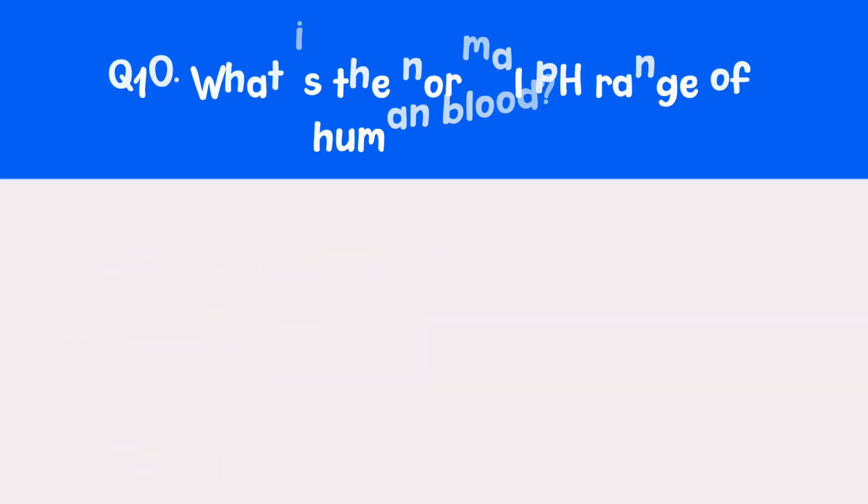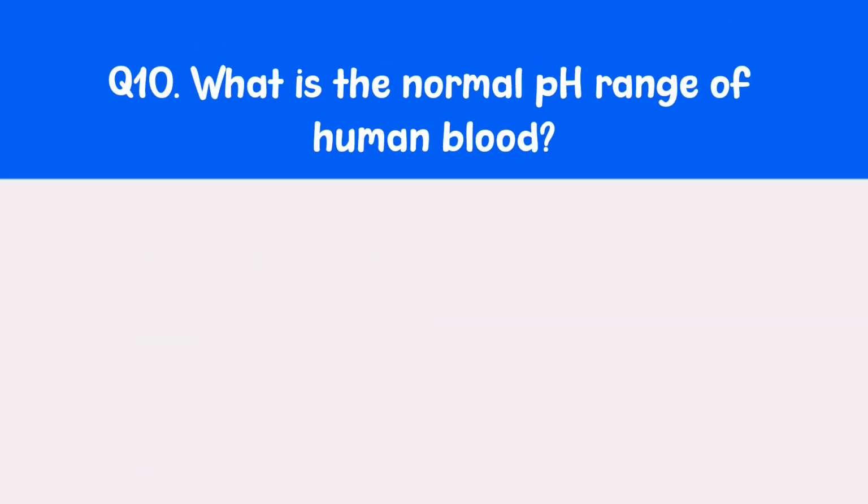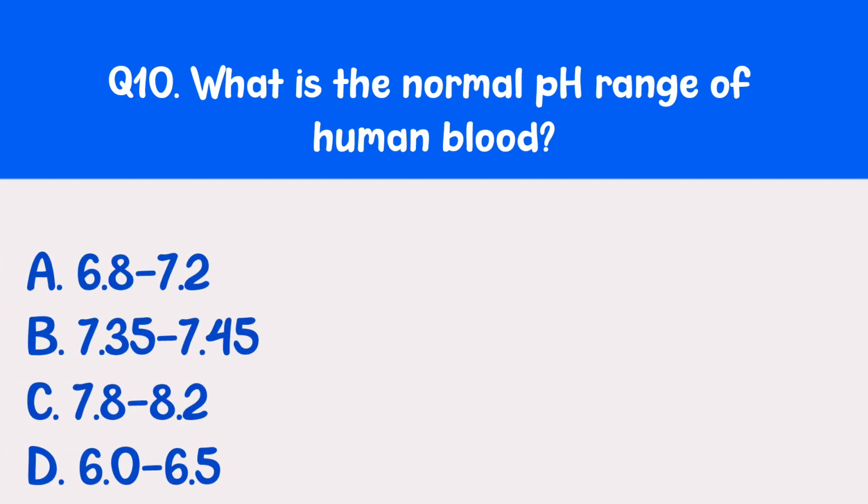Question number 10. What is the normal pH range of human blood? We have A. 6.8 to 7.2, B. 7.35 to 7.45, C. 7.8 to 8.2, and D. 6.0 to 6.5.